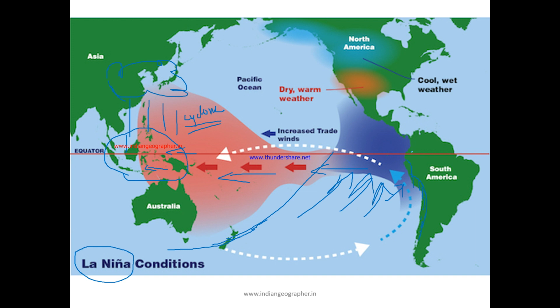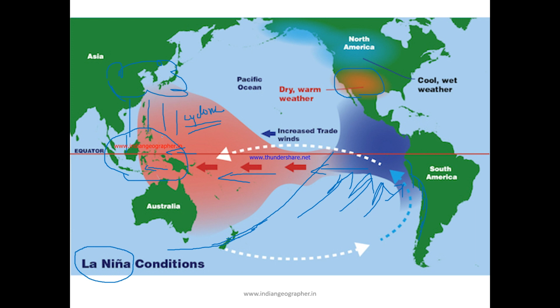Similarly, in North America as well, you will find dry conditions. Here you have the Californian desert, Mojave, the Baja Peninsula, all those areas. On the other hand, the Western Pacific will have torrential rain, cyclones, and disasters.